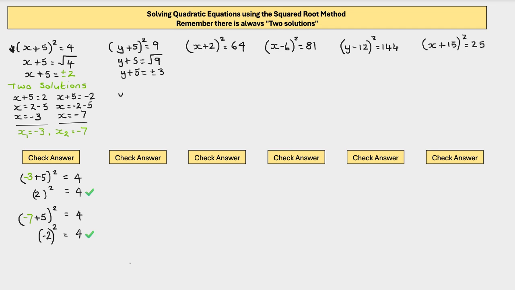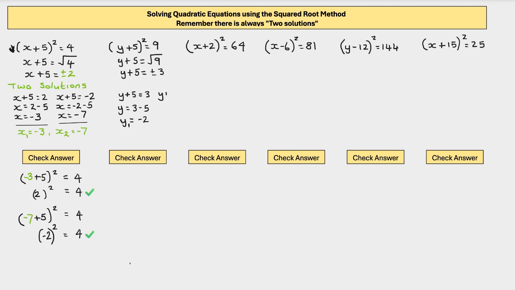So we've got y + 5 equals, let's work on the plus first, 3. y = 3 - 5, because that's a plus and it's gone over the equal sign. So y = -2. And that's our one solution.